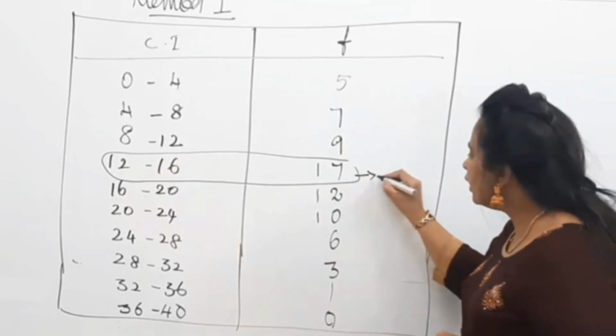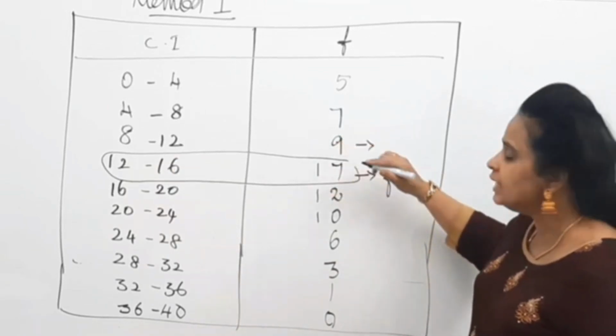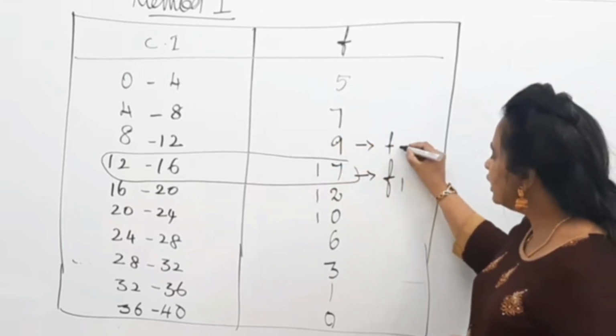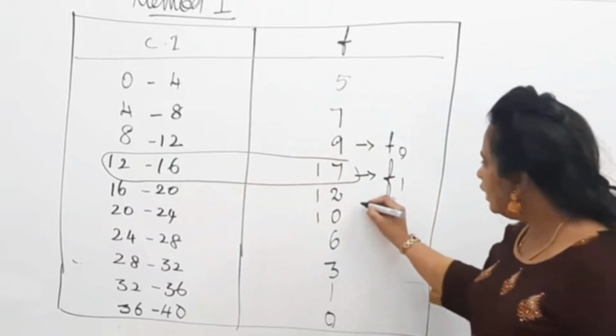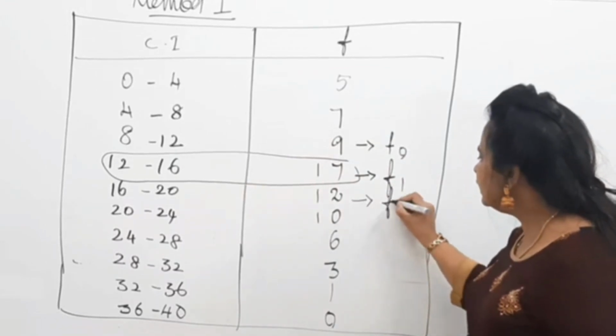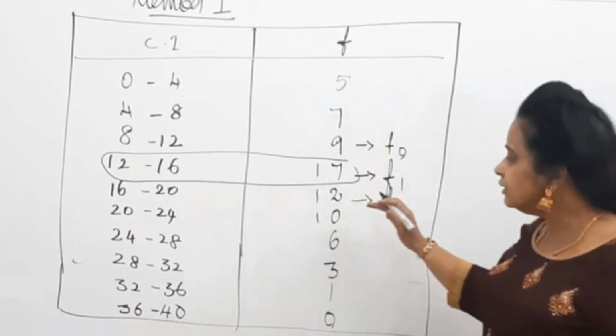So this is my F1, the frequency preceding the modal class is F0, and the frequency succeeding the modal class is F2. Hope everyone gets this.